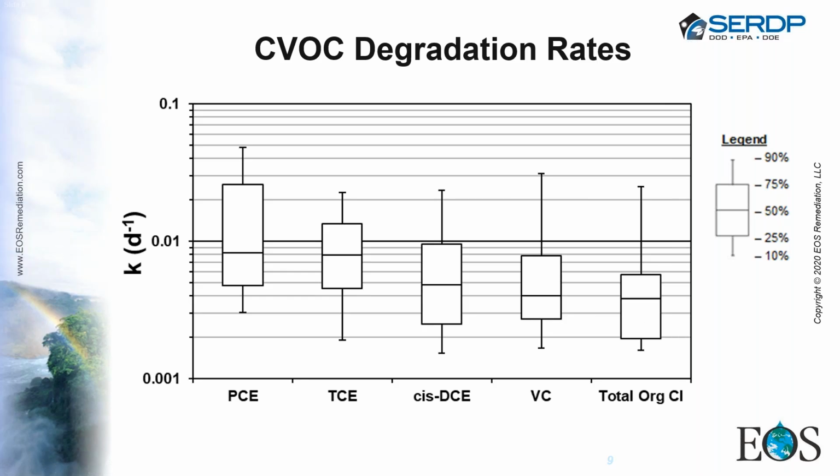In a way, I feel like that degradation rate for the sum of organic chlorine is probably more representative of the overall progress. If we do really great removal of TCE, but then it stalls at DCE, we still have compounds in the ground. We still have contaminated groundwater.